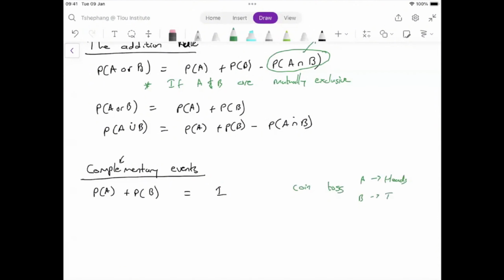B is tails. What is the probability of getting a heads if you toss a coin once? It's going to give you 0.5. If you toss the very same coin once, what is the probability of getting a tails? That also gives you 0.5. Now, can you see that if we add these two probabilities, probability of A plus probability of B, we will get a 1.